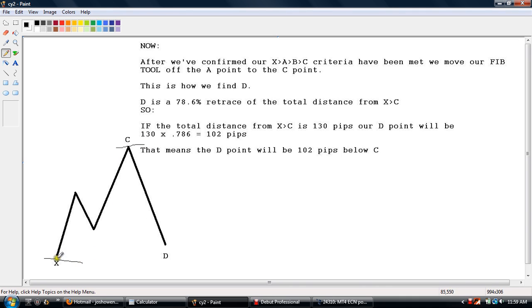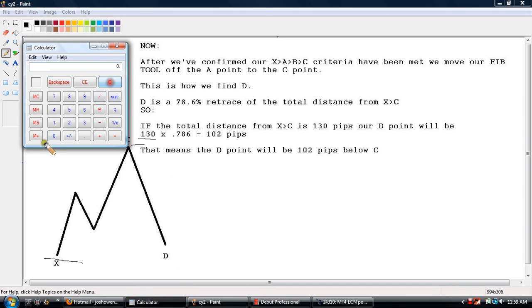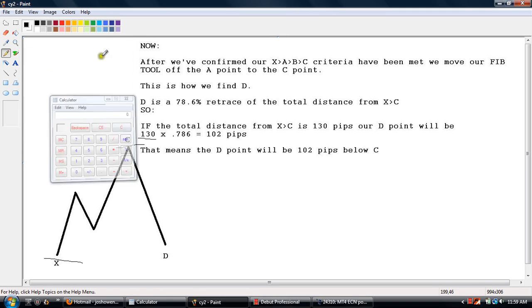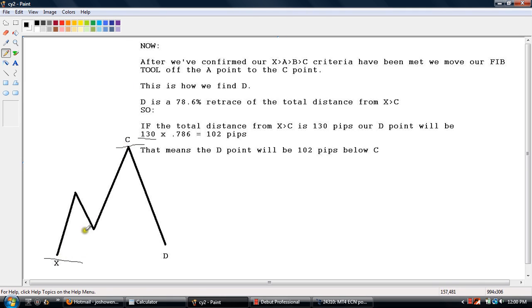Okay, because we're looking at the distance from X to C, and if we want half of that distance, or 50% retrace, it would be half of 130. So if you did half of 130, 130 times 0.50, it's going to be 65 pips. So a 50% retrace of the X to C is going to be 65 pips right there.